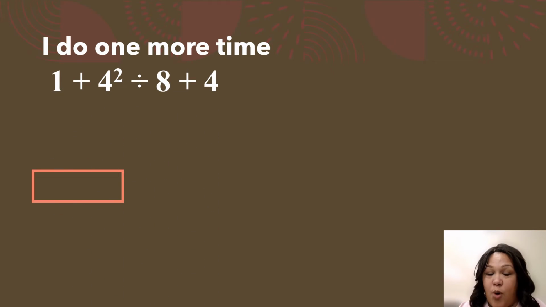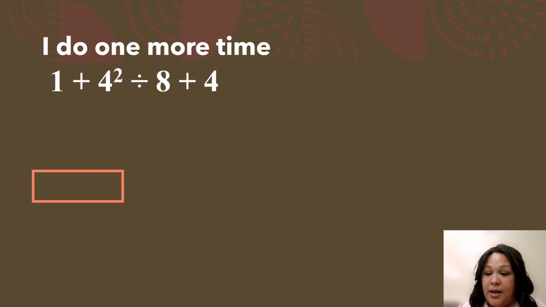All right, so we have 1 plus 4 squared divided by 8 plus 4, okay? Now, we have parentheses we should be looking for first. We don't see any of those, but we do see our exponent, okay? So we see 4 squared, so we know that's 16.